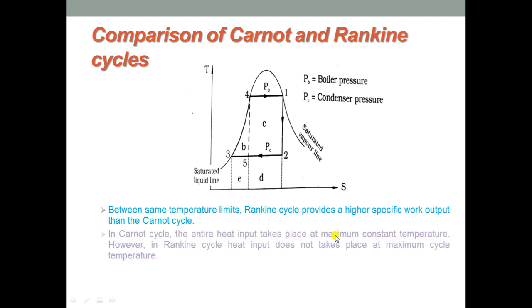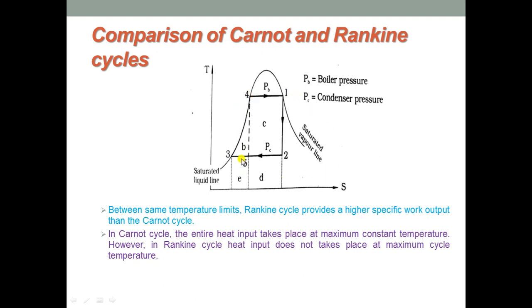In Carnot cycle, the entire heat input takes place at maximum constant temperature. In Carnot cycle, the heat supply takes place from point 4 to 1 at constant pressure, and it is the maximum temperature in the cycle. However, in Rankine cycle, heat input does not take place at maximum cycle temperature. It starts from point 3 till 4 and then from 4 to 1. So, 3 to 4 will be sensible heating and then 4 to 1 will be latent heating.